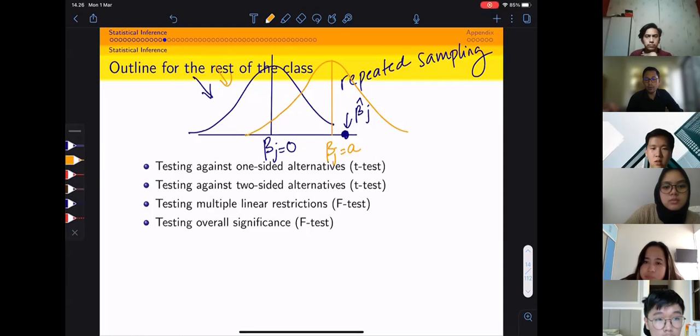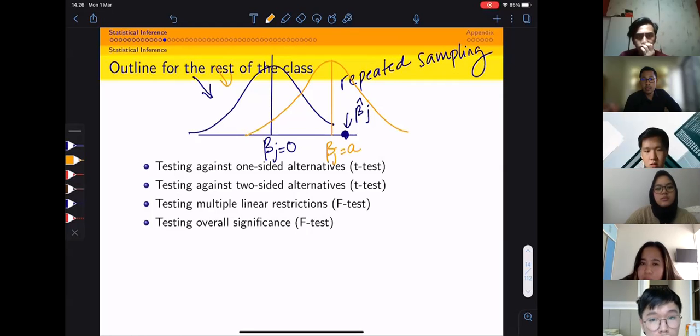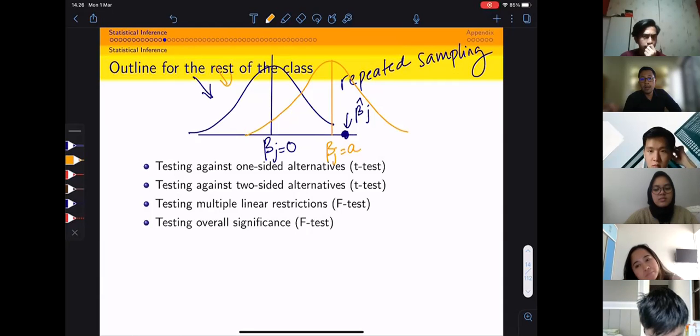Yeah, exactly. The idea is that we want alpha to be as small as possible. If we can get 1%, I think it would be nice. If you can get 0.1% or 0.01%, that's also nice. So the smaller the alpha, the better. It's just kind of a convention in social science.